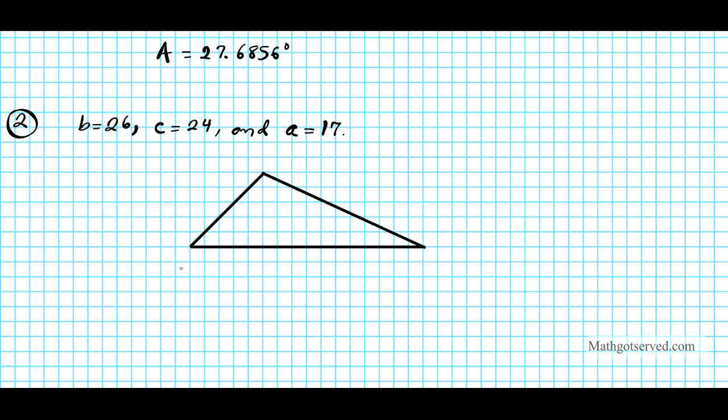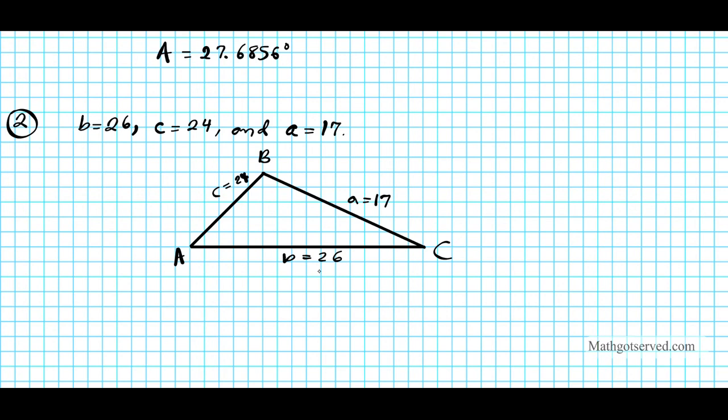All right, so let's call this big A and little a, big B and little b, big C and little c. All right, in this case, we know that little a is 17, little b is 26, and little c is 24.